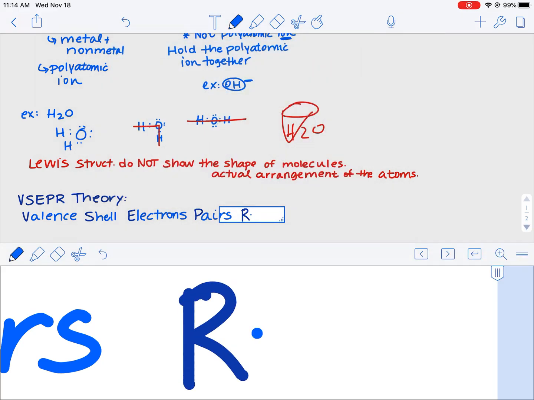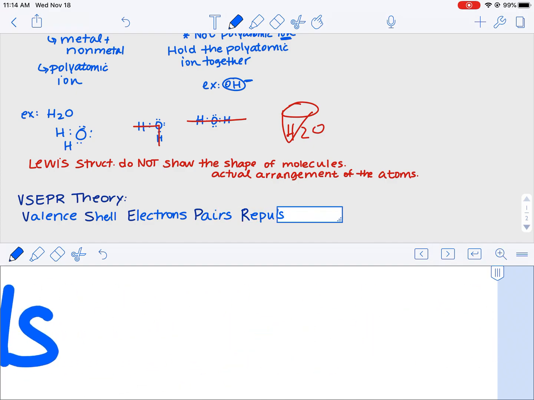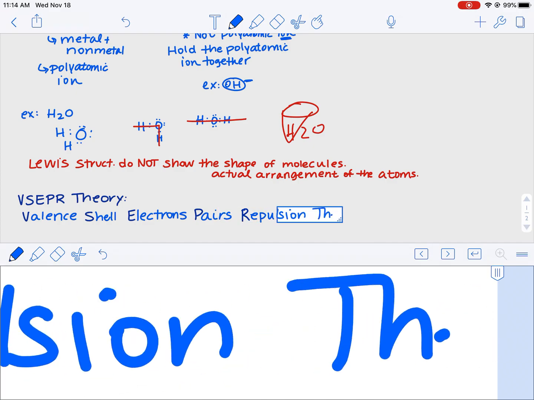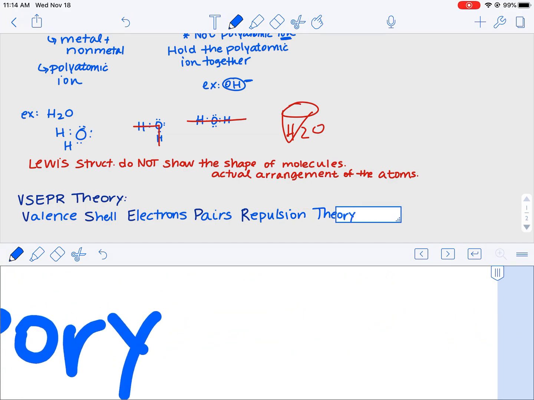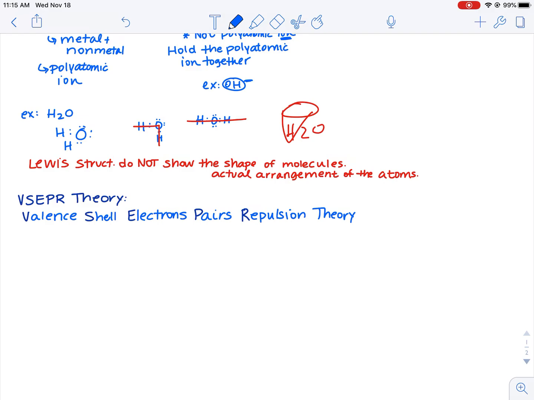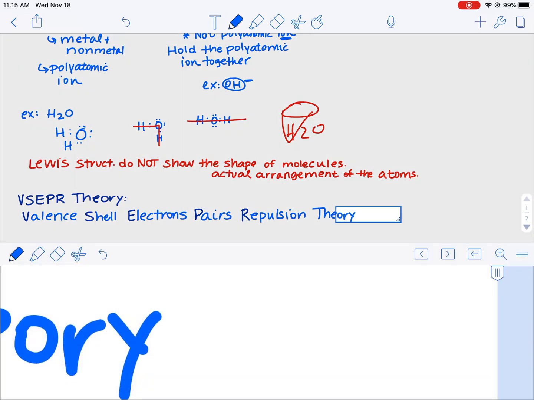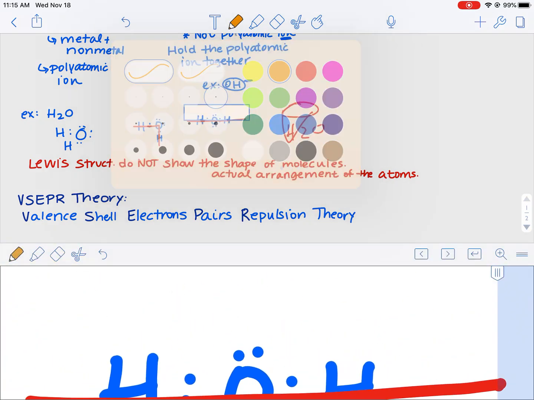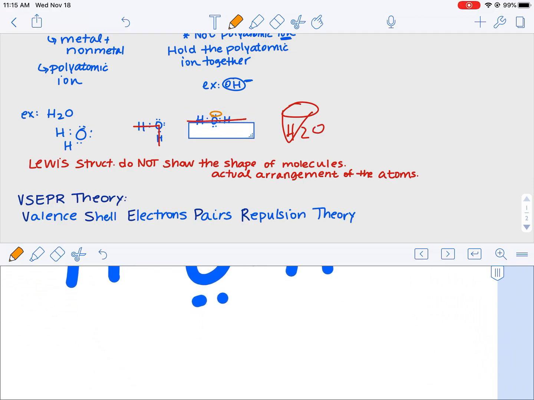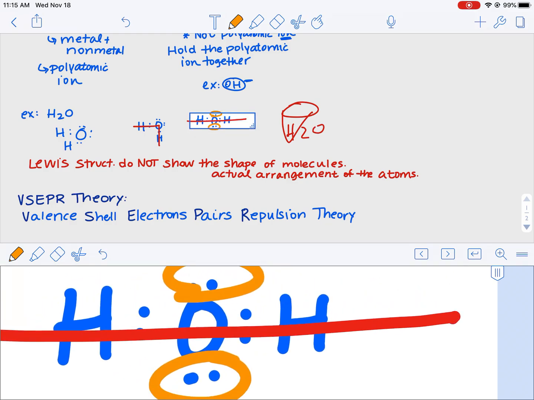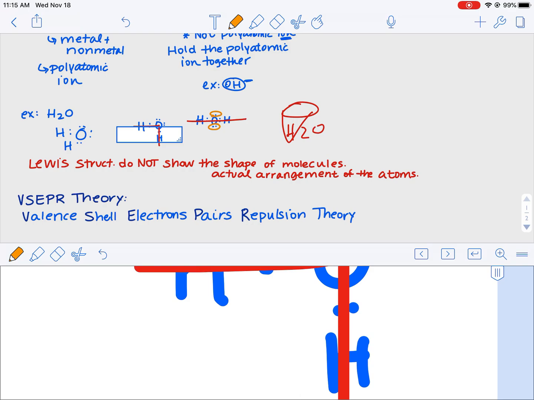And we call it repulsion theory. And that's where we come up with VSEPR. It stands for valence shell electron pair repulsion theory. For example, oxygen has 2 pairs of electrons, and those are going to repel so that this 180-degree alignment is not so. But the 90-degree angle alignment winds up being too close together.